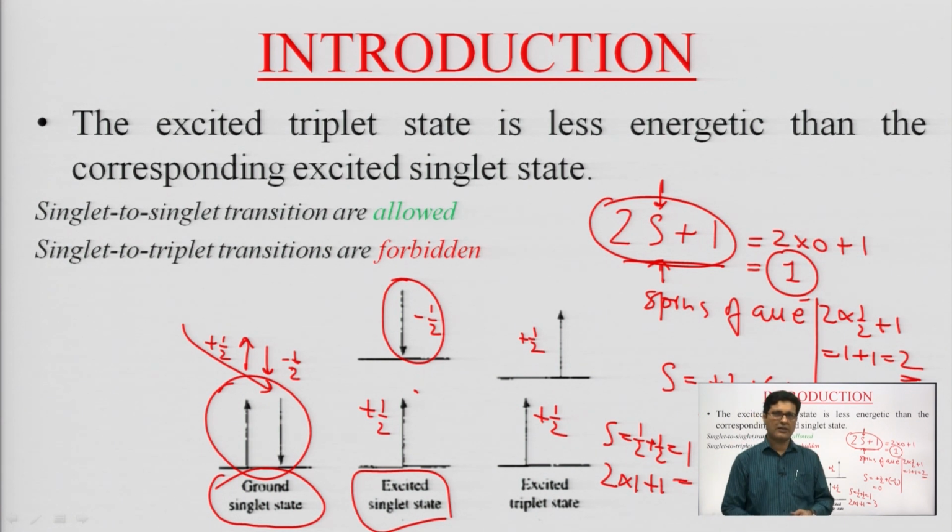That is why the excited state where spins are unpaired is called a triplet state. So, based upon this spin multiplicity rule, we classify the ground state and the excited states into singlet, doublet or triplet states.